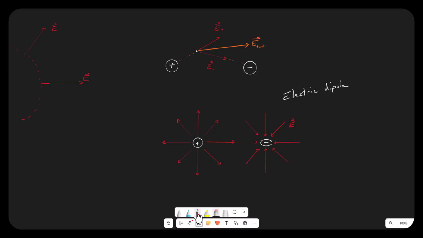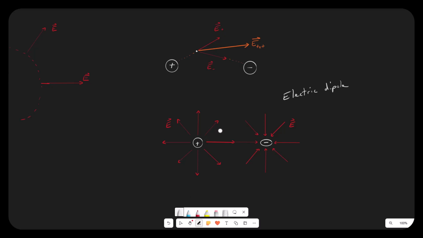Near each charge individually, the electric fields do act like this. So I would say probably outside of those lines, even outside of those lines, the electric fields do behave like this. In between, I've got a little bit more going on, and I have to really consider adding them.